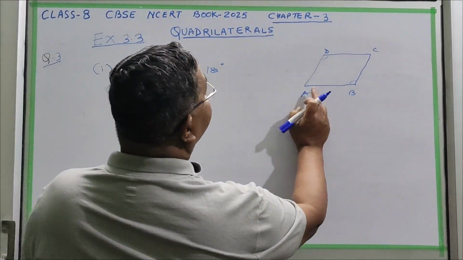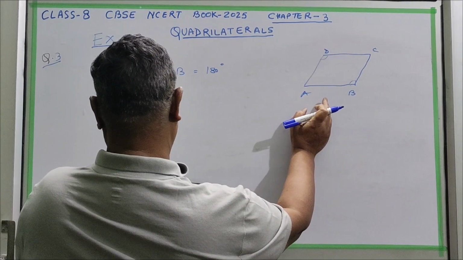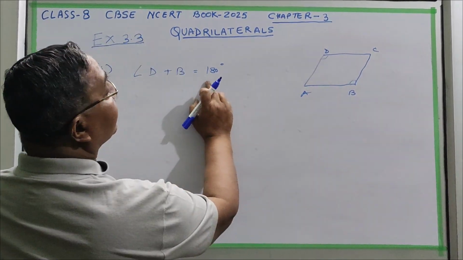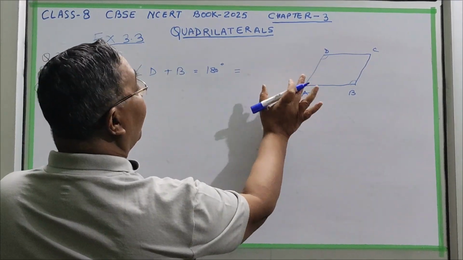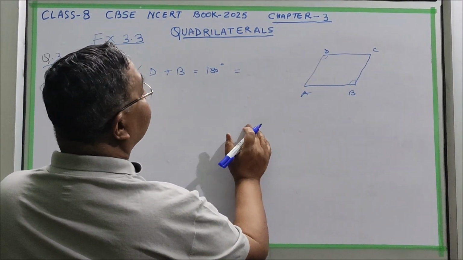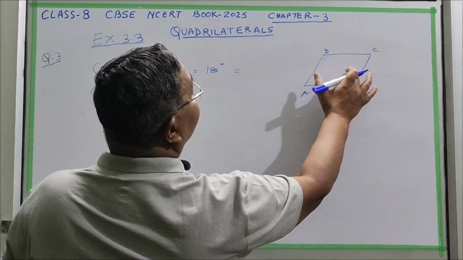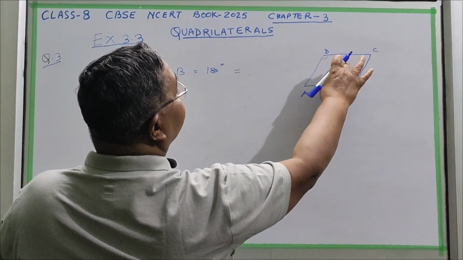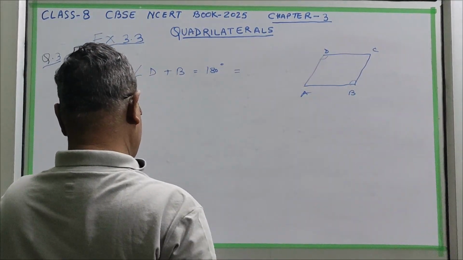So here ABCD, angle D plus angle B is 180. This is possible, but the condition should be that both the lines should be equal, and opposite angles should also be equal.